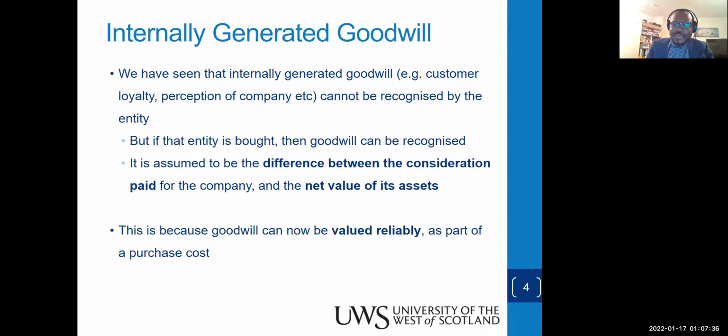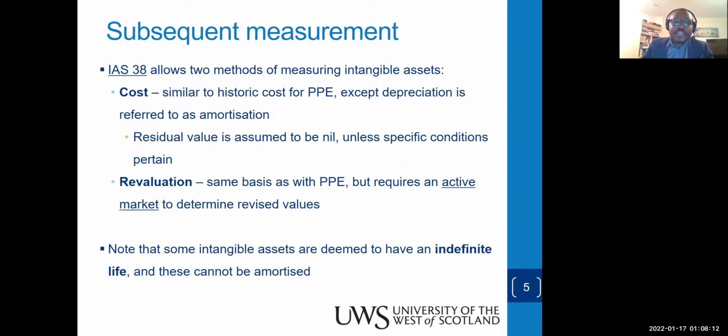Normally the reason why this is allowed is because it is assumed that the consideration, the amount you pay for the company, can easily tell whether we are acquiring it at a higher value than its fair value of identifiable net assets or not. That's why we want to recognize it. At the end of the day, it will be one of either of two, a goodwill or a bargain purchase. Because we can reliably measure the goodwill as part of the purchase cost, we are asked to recognize it once we acquire. All right.